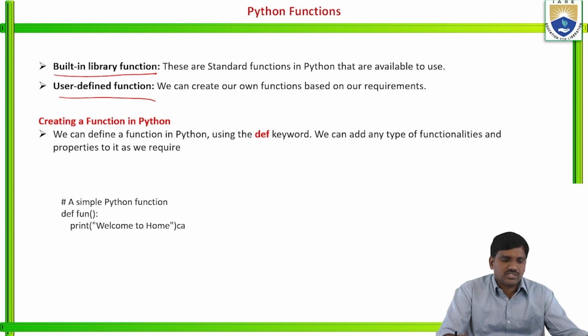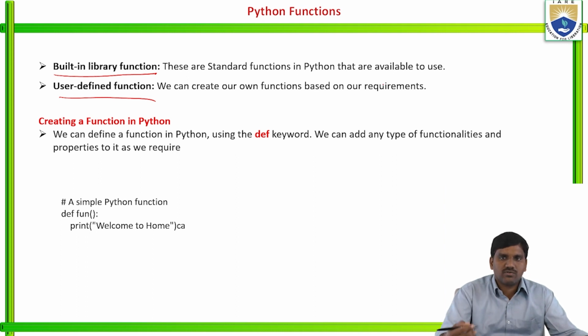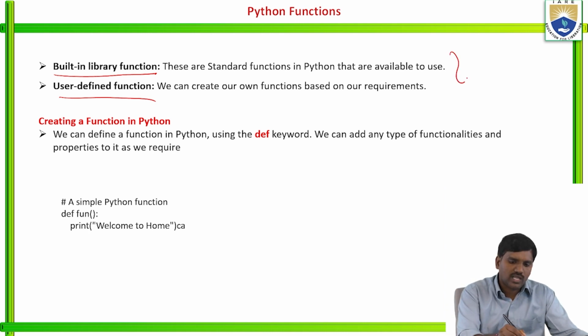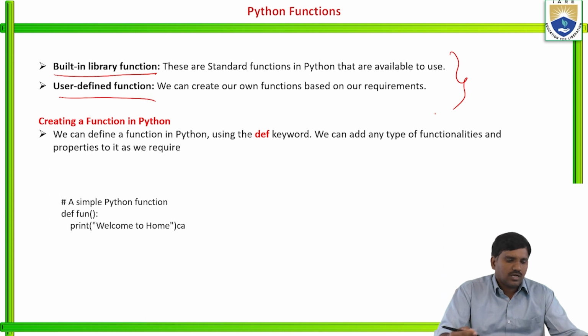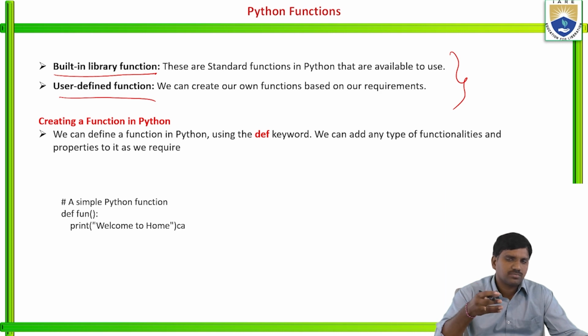And user-defined functions: we can create our own functions based on our requirements. As per our requirement, we create the function. So these are the two types of functions: built-in library functions, which are already defined, and user-defined functions, which we create as per our requirement.